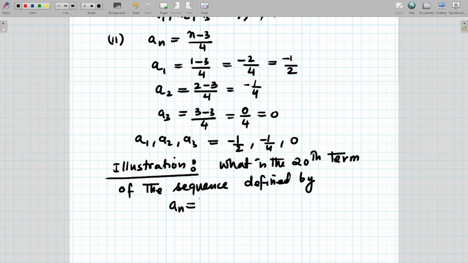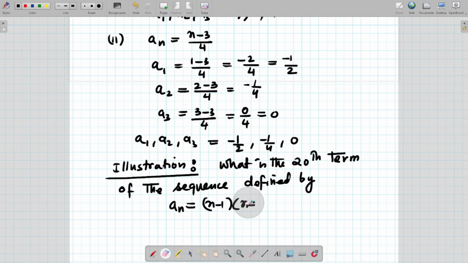An is n minus 1, n minus, or rather here it is 2 minus n, and 3 plus n. All right.